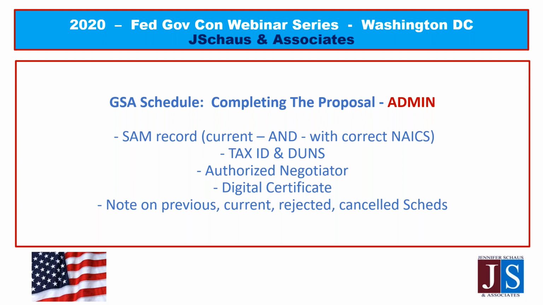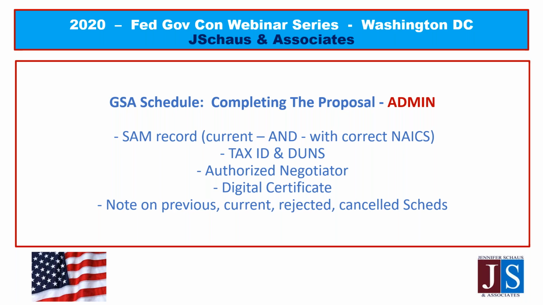In this administrative section, you're also going to note any previous, current, rejected, and canceled schedules that you have. If you have a canceled schedule, meaning you did at one time have a schedule but got booted off probably because you didn't have the 25K, you will need to submit that cancellation letter. If you've been rejected and you're resubmitting, you'll also need to submit that rejection letter.